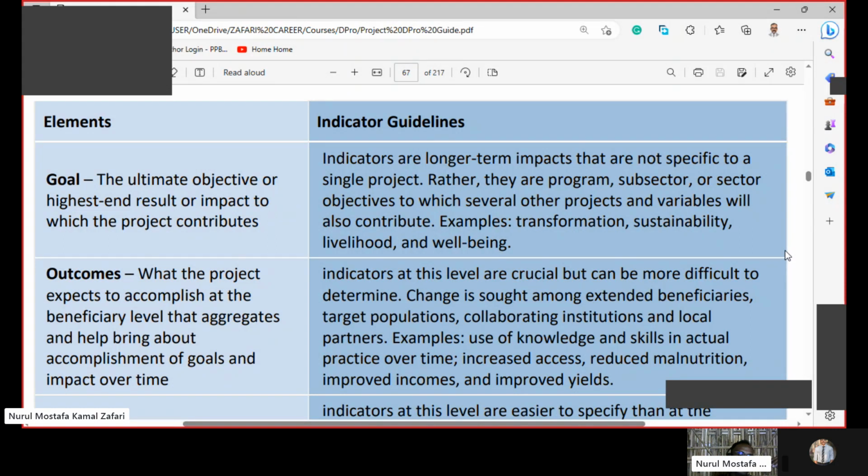In some cases we can say that a project has one outcome, and then one outcome is contributing the achievement of the goal, and some other projects can have many other outcomes that help achieve one goal.